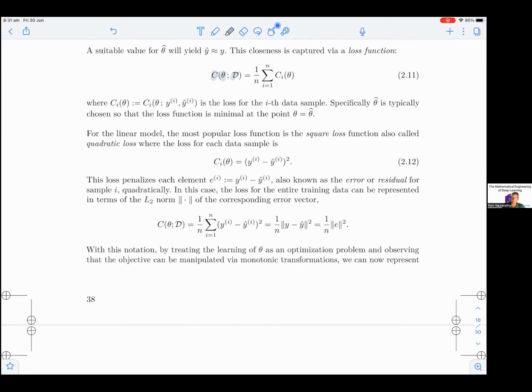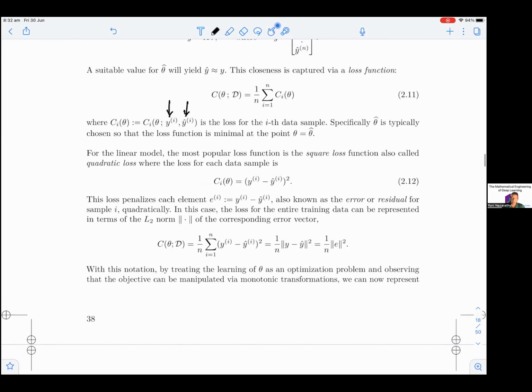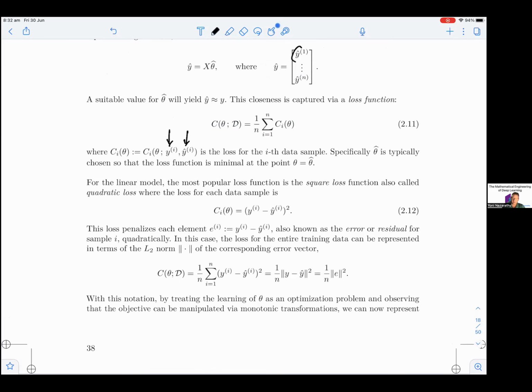And the loss function in this case is the arithmetic mean of n separate loss functions, each denoted by Ci of theta, where each Ci of theta is a function of the observation label yi and of the predicted label yi hat. Remember that yi hat already depends on the data as follows.